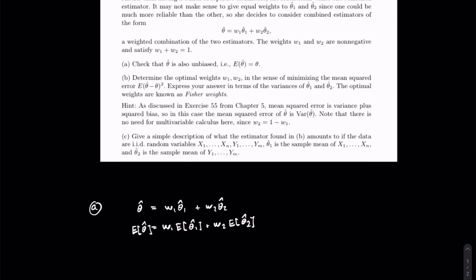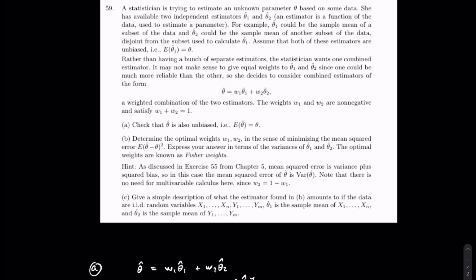Now we take the expectation of both sides and apply linearity, and we can pull out these constants. So you have w1 times the expectation of phi hat 1 plus w2, the weight, times the expectation of phi hat 2.